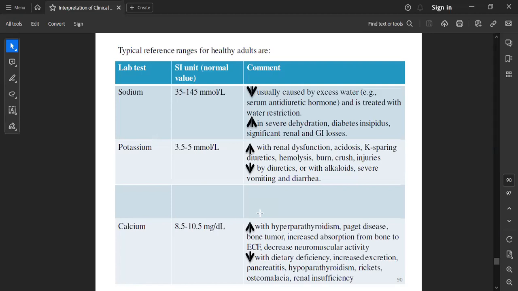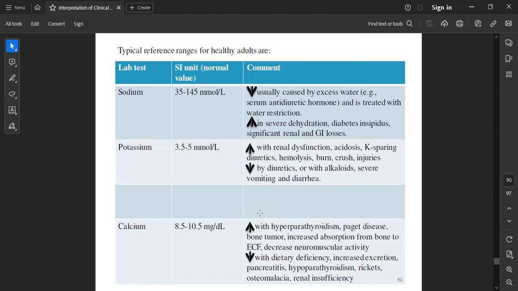Sodium levels increase in severe dehydration because the plasma volume contracts, so the value will go high. Diabetes insipidus leads to loss of water. Using the same rationale, the plasma volume contracts, meaning the sodium value will be perceived to be high.